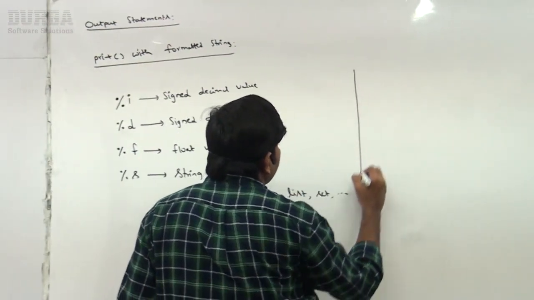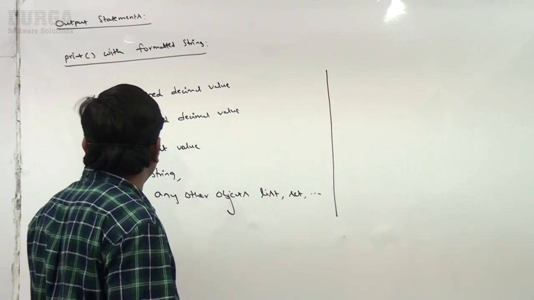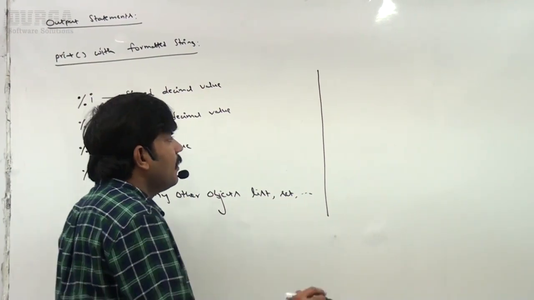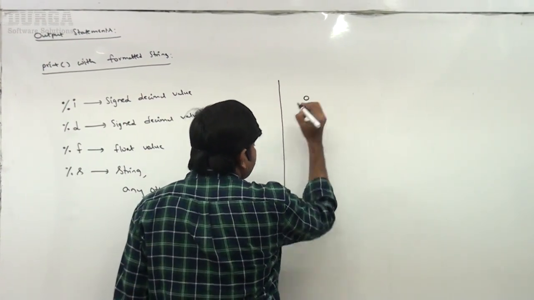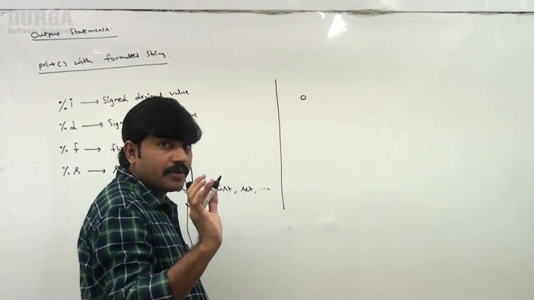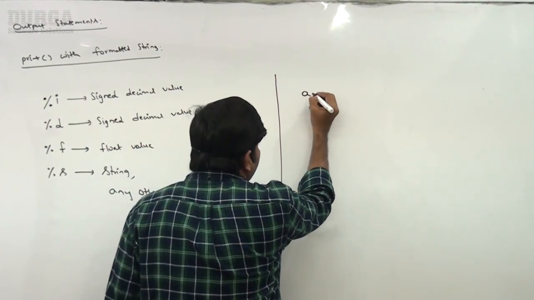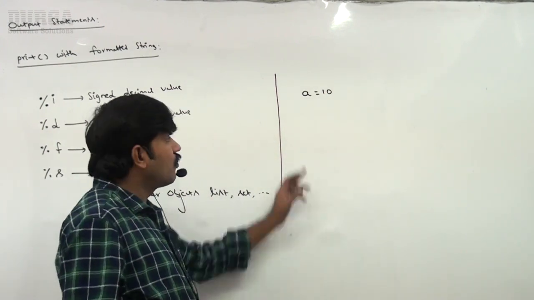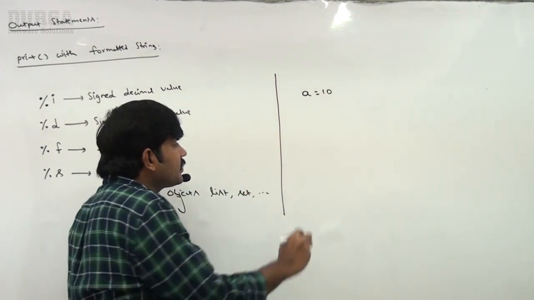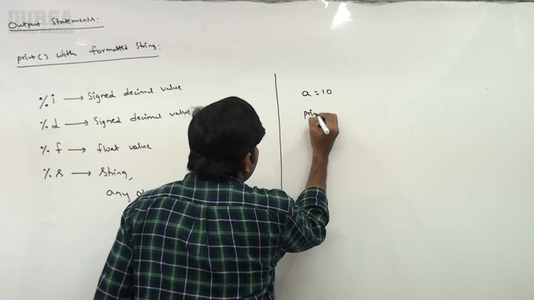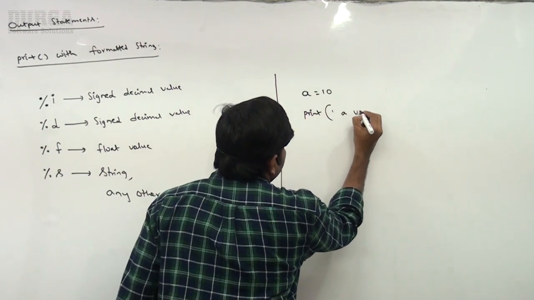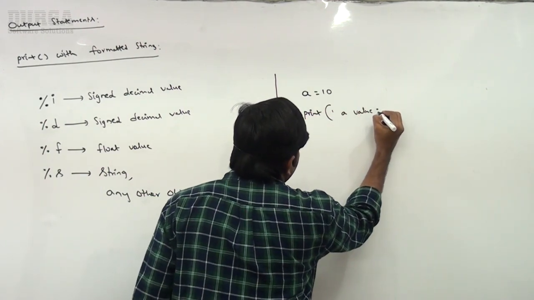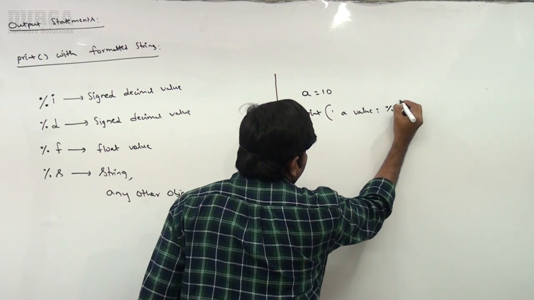Here my requirement, observe very carefully about this one. What is the format? First, let me go for a small example. A is equal to 10. Next, print of "A value is %i".